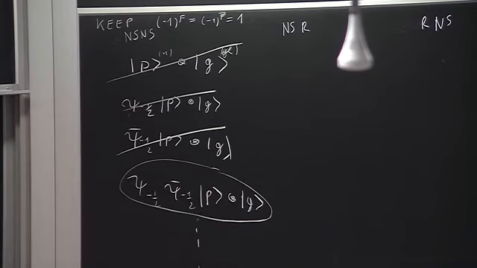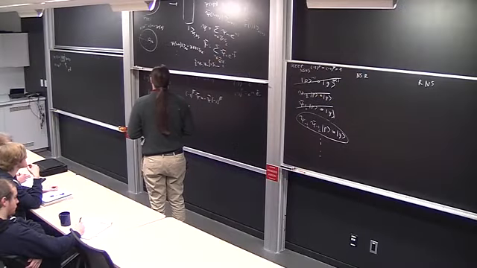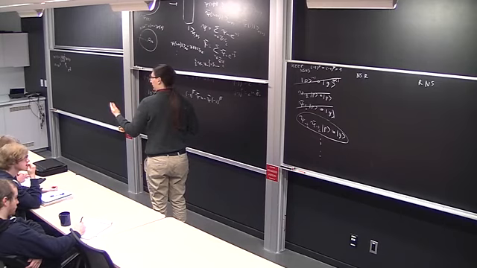Any questions about this? Why are we only keeping states with (-1)^F and (-1)^F bar equal to 1? So I'm doing this topological manipulation. It takes the theory and gives me another theory.